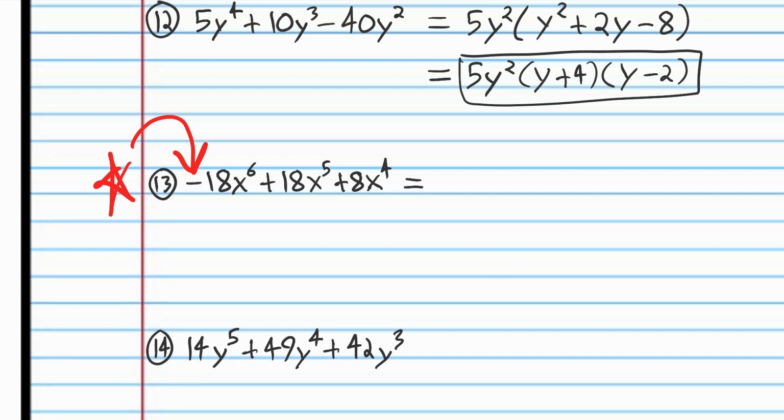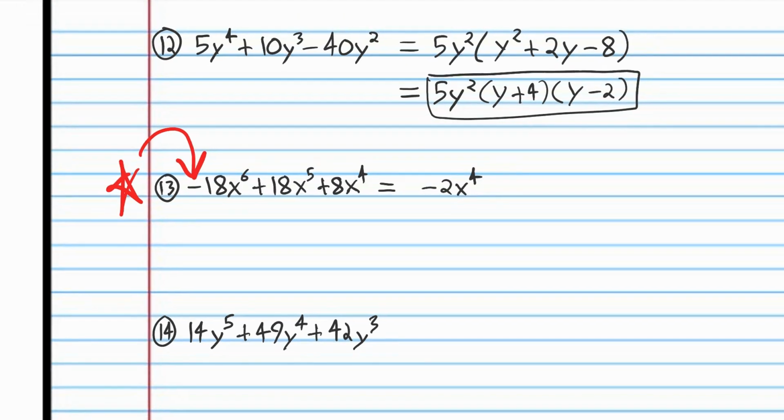All right, we're back, so I think we're going to factor out a negative 2x to the 4th. And we're left with 9x squared minus 9x minus 4.